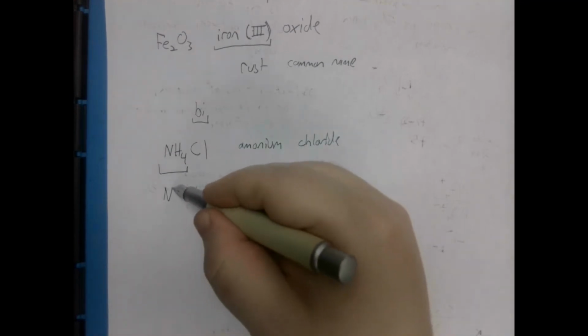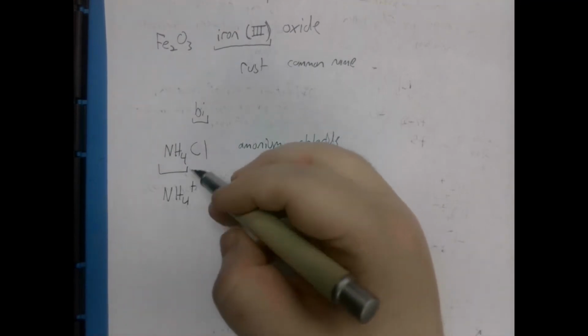Remember that ammonium is the only positive common ion. Almost all the other polyatomic ions are negatively charged. What is that one? H3O.